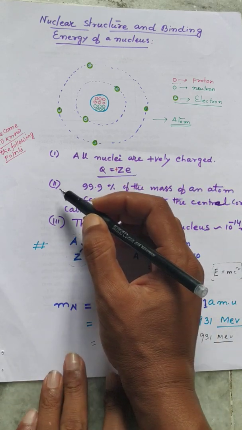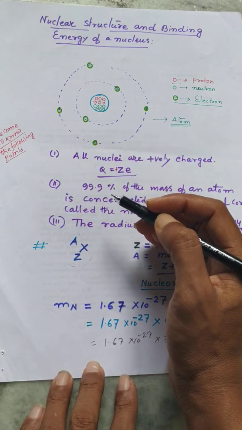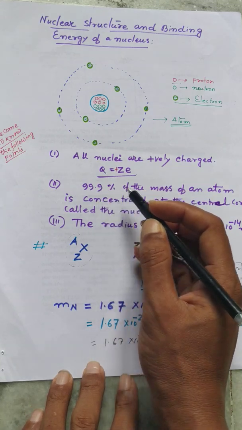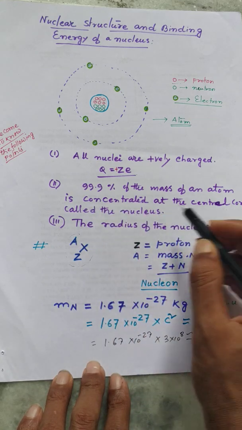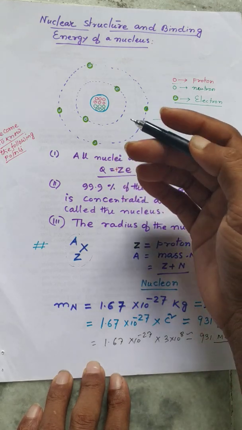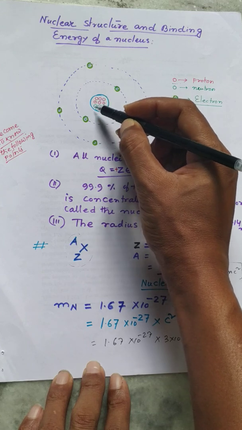Number two, from the alpha ray scattering method, he suggested that 99.9% of the mass of an atom is concentrated at the central core called the nucleus. Almost the whole mass of the atom is concentrated at the center, and it is called the nucleus.